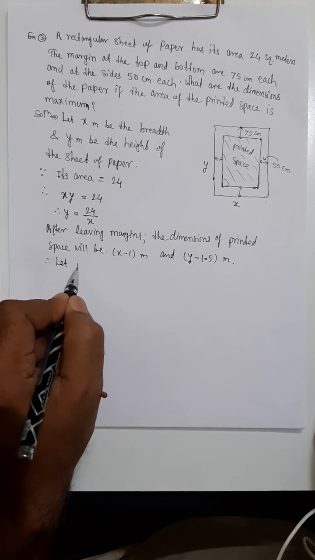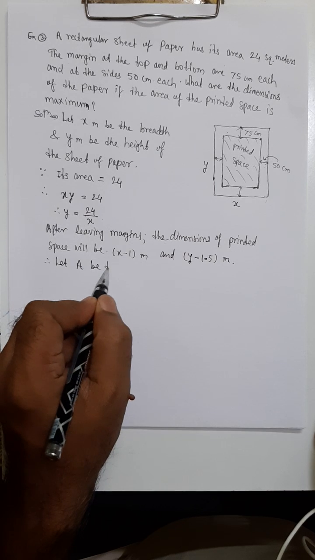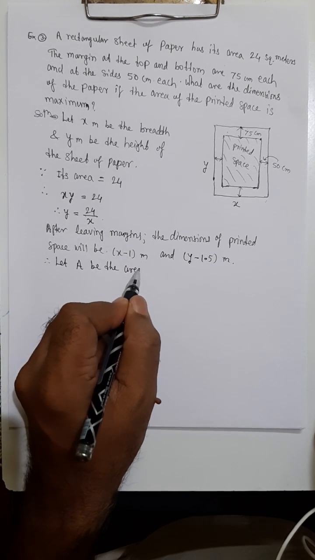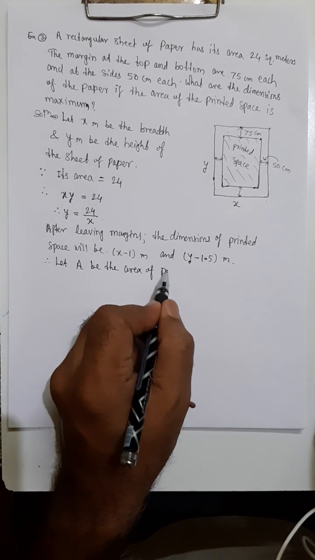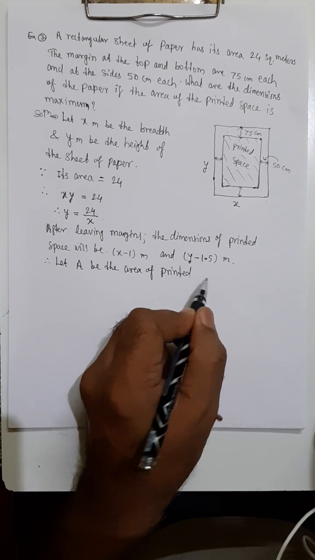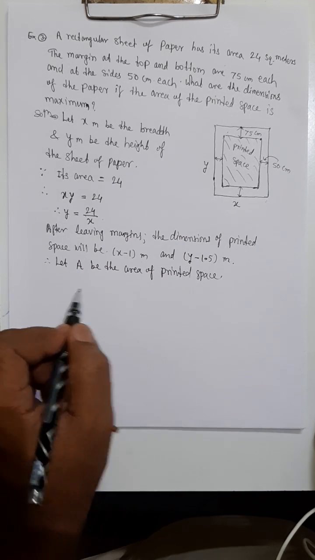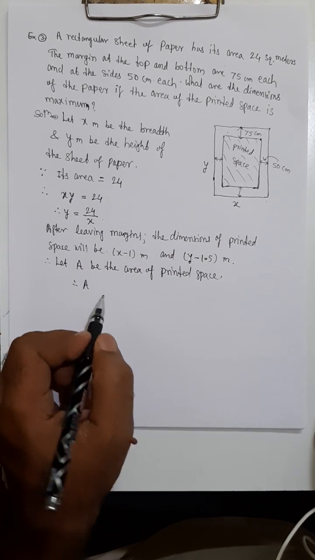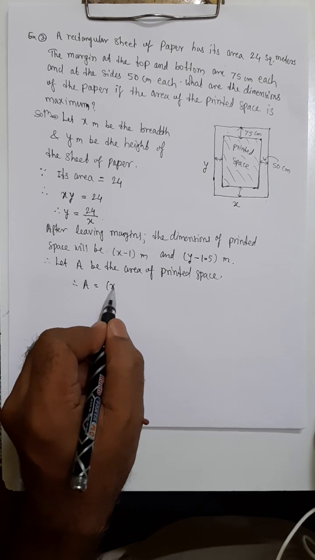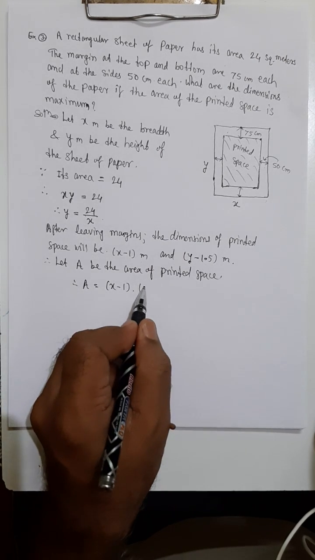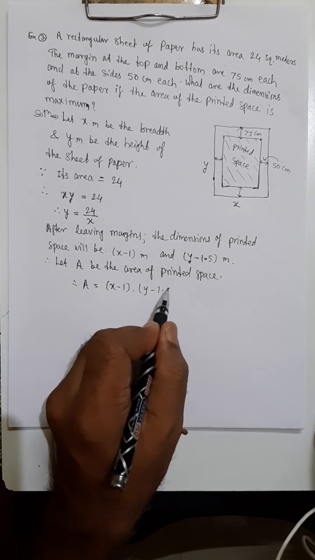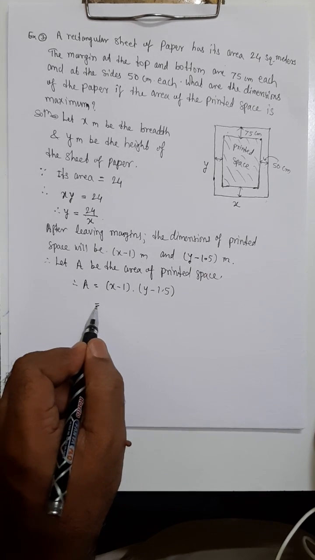Again let capital A be the area of printed space, and therefore A equal to x minus 1 into y minus 1.5, length into breadth.